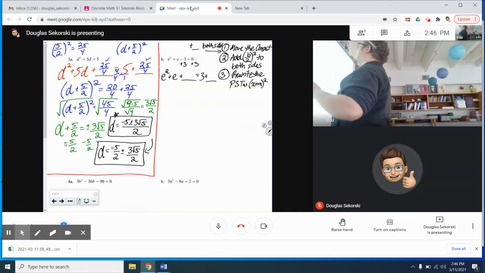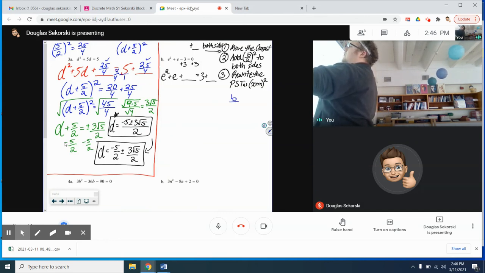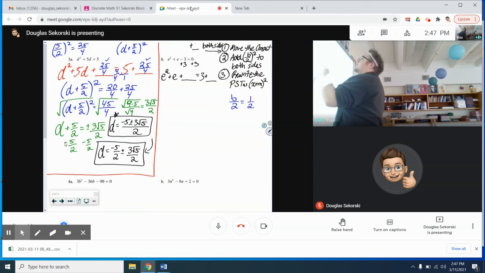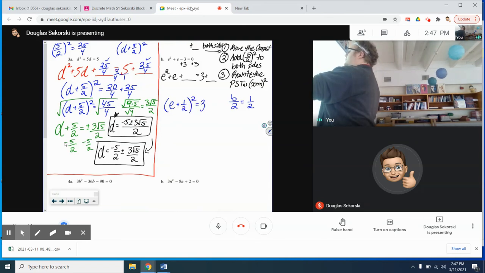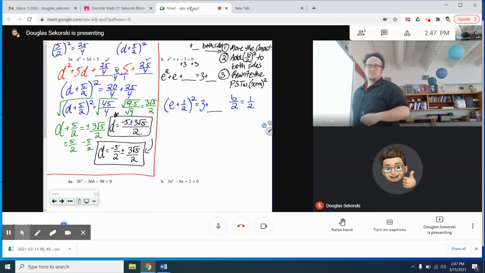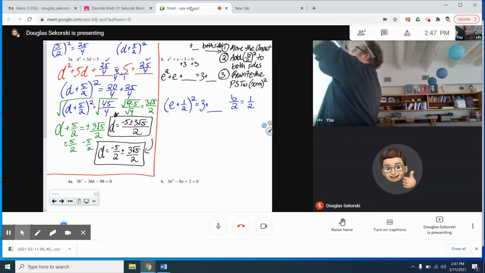And I'll switch colors over now. Okay, so we have our b term, and our b term over 2 is really just 1 over 2. So we're looking to make this into e plus 1/2 squared. Now over here in step 2, it says add b over 2 squared.